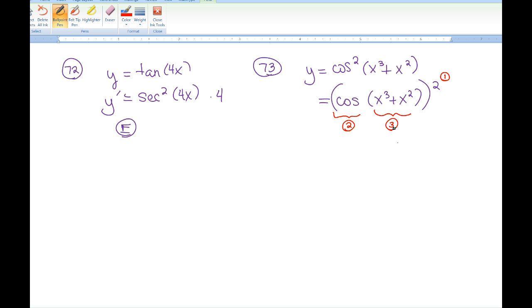So first thing, we'll move that 2. Everything inside stays exactly the way it is. Times, now we do step 2, so now we're on to the cosine part. The derivative of cosine is negative sine. And now we keep all of that inside the same. And now we're on to step 3. Derivative of that would be 3x squared plus 2x.